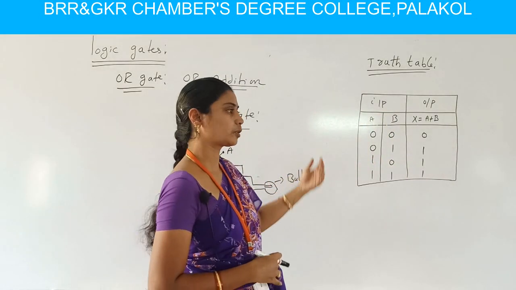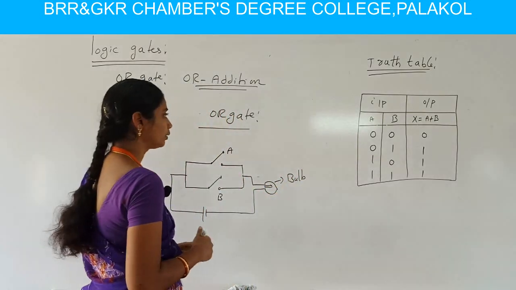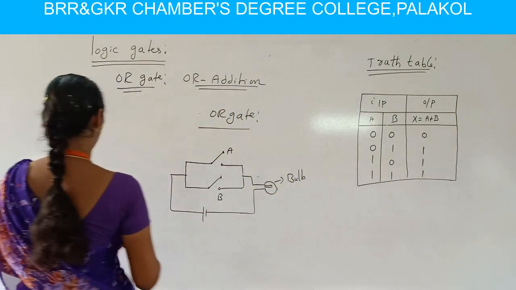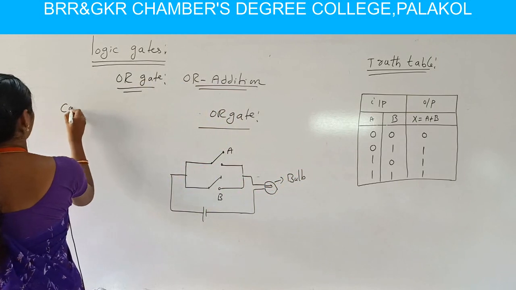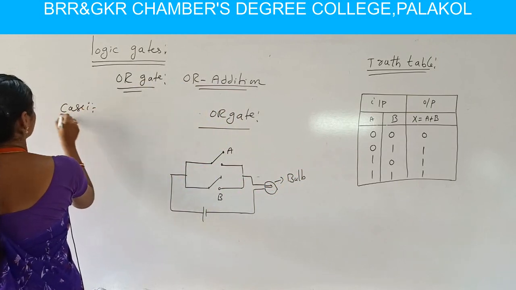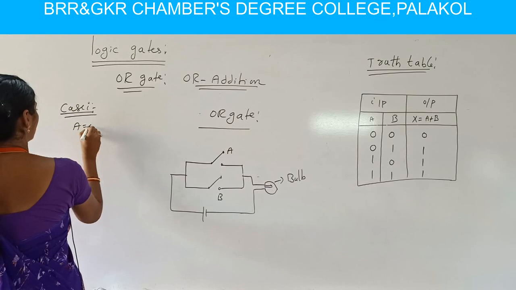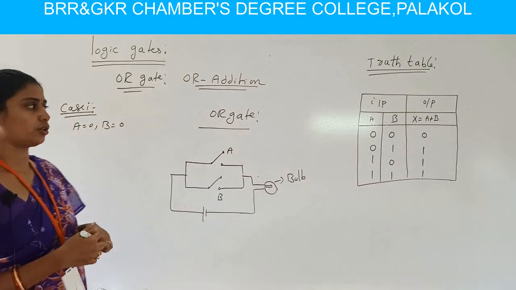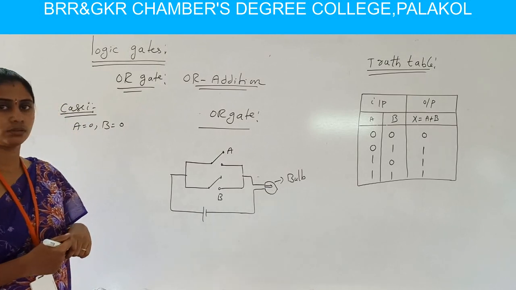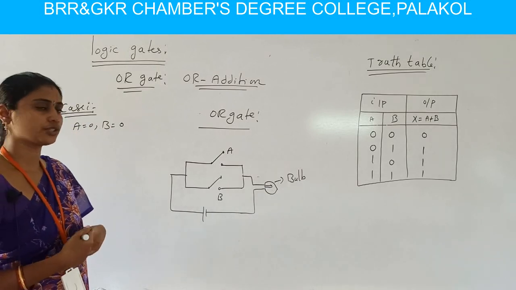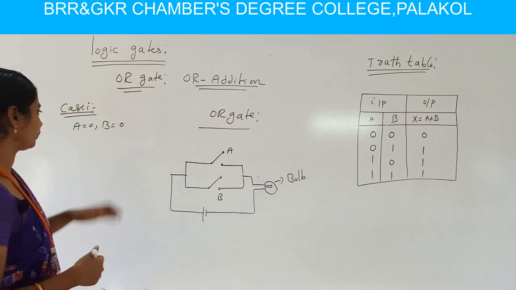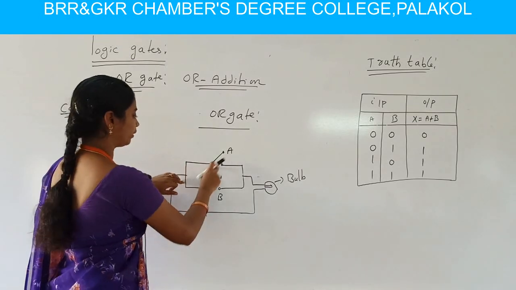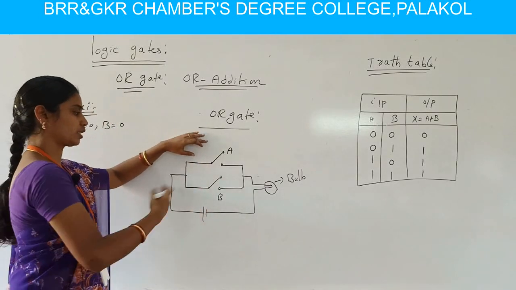So this can be explained as 4 cases. We take 2 variables in case 1 as A 0, B 0. Binary addition 0 plus 0, as in ordinary algebra, is 0. This can be explained with the help of the switches diagram.